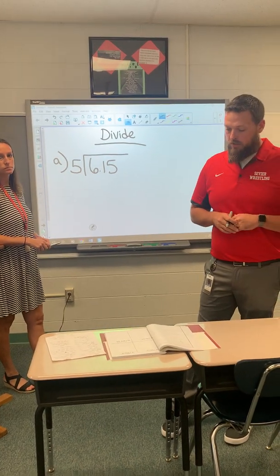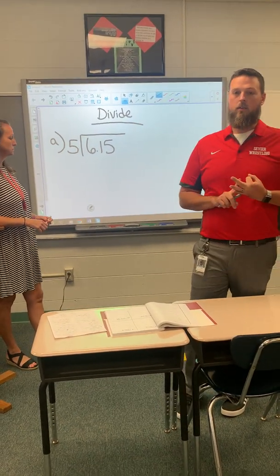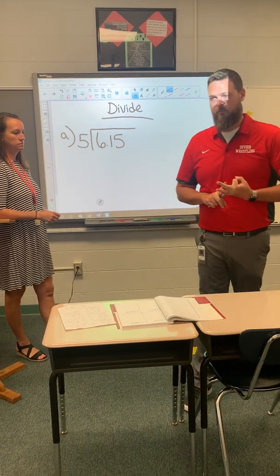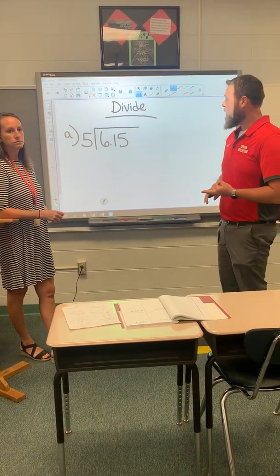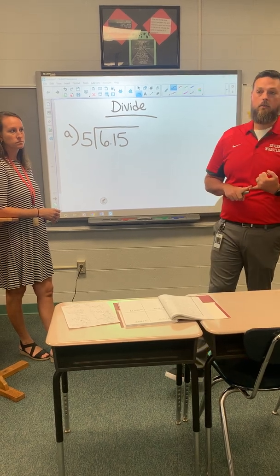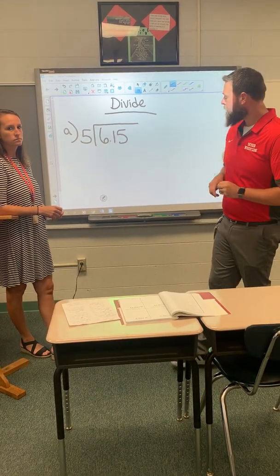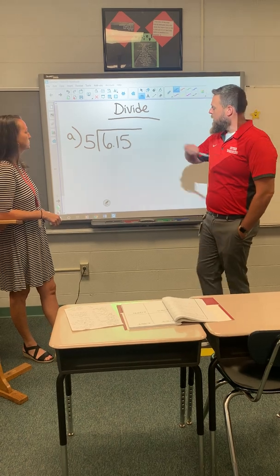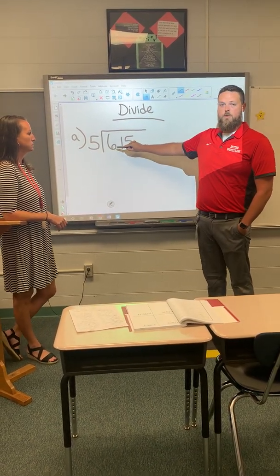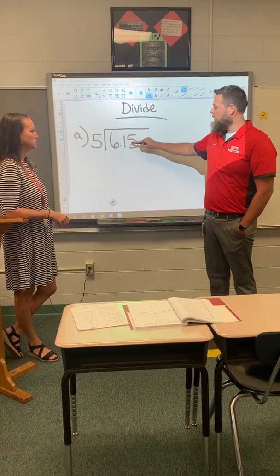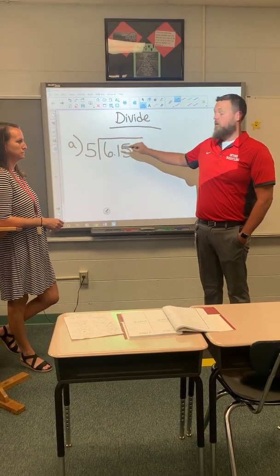So we're going to start off. There are 3 different types of decimals that you divide, and we're going to start off today with the easier of the 3. This is a problem on the page, and you see the decimal is on the inside of the division problem, in the dividend.